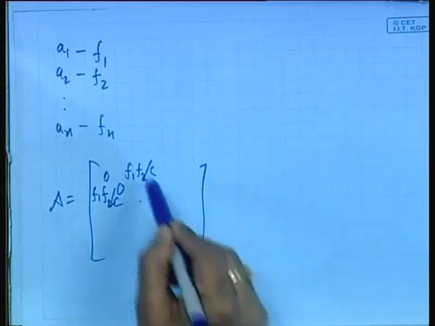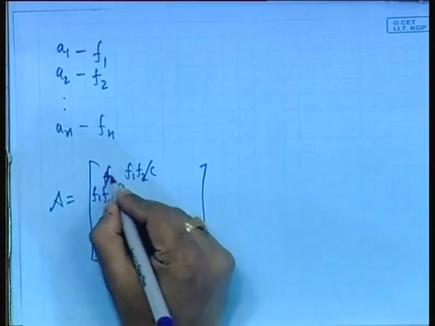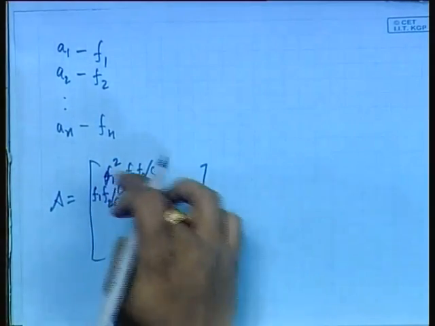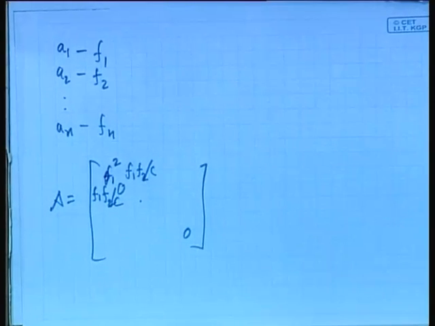If this is the matrix, you can very easily show that the first eigenvector is actually f1 f2 f3 up to fn, exactly the same one. Actually for that you have to have f1 square here. If you subtract the diagonal entries, there will be slight changes, but that's why the correlation is not 1 and is 0.99. So this is what is called proportionate co-occurrence.